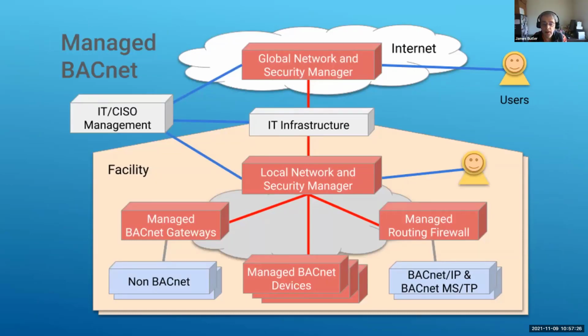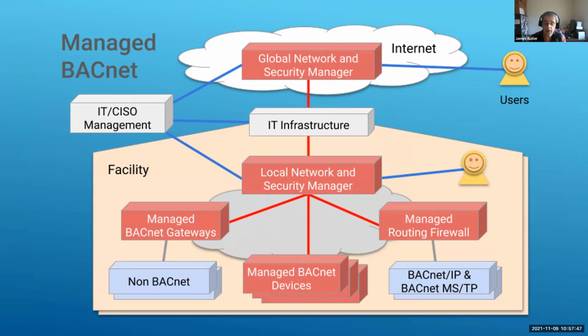So in the lower right, you can see BACNET IP and BACNET MSTP devices. These are what we would consider to be unsecure at this time, even if VLANs are used for restricting access to the BACNET IP network.